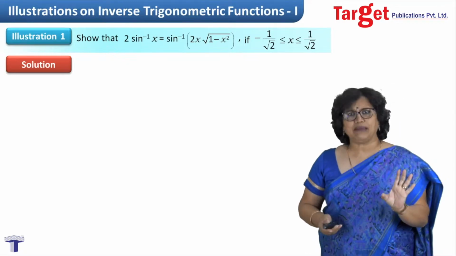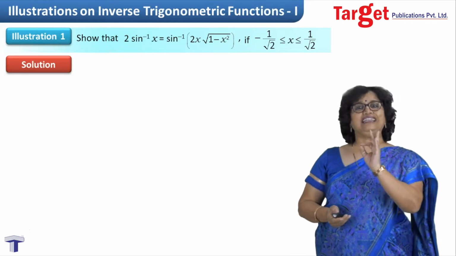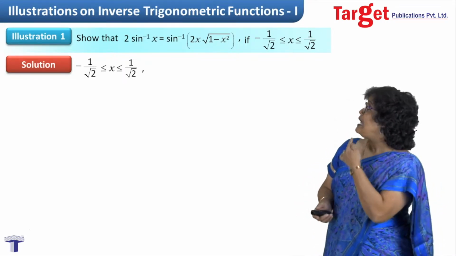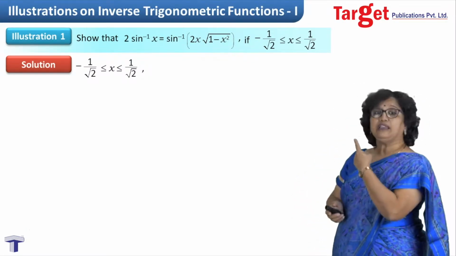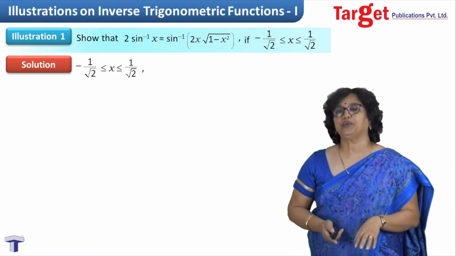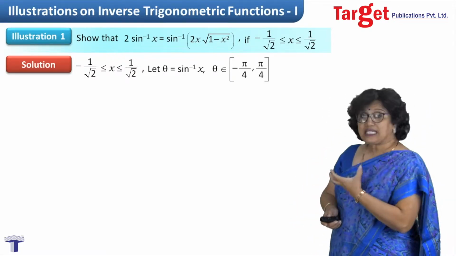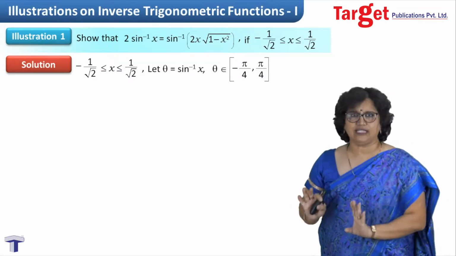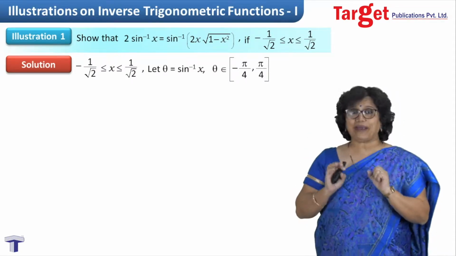Most of the time, whenever we have any such question to prove or to understand, we generally name the quantities. So my first idea could be that I name sine inverse x as theta. And I will remember the condition that x is between minus 1 by root 2 and plus 1 by root 2. If I write theta equal to sine inverse x, then I will have to write the corresponding condition on theta. Normally, if I write theta equal to sine inverse x, the answer for theta should lie between minus pi by 2 and pi by 2.